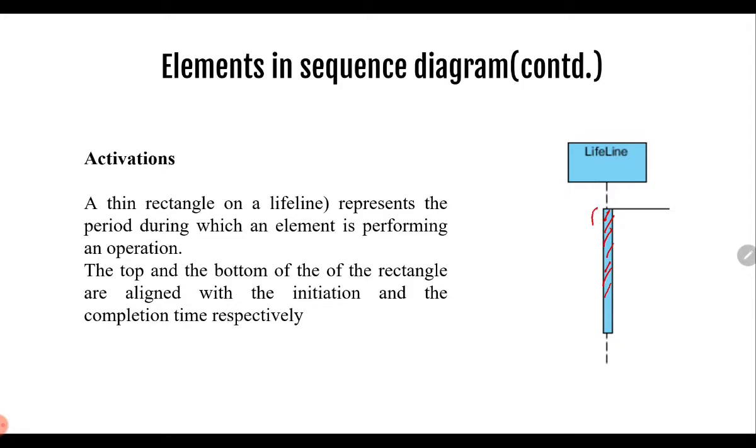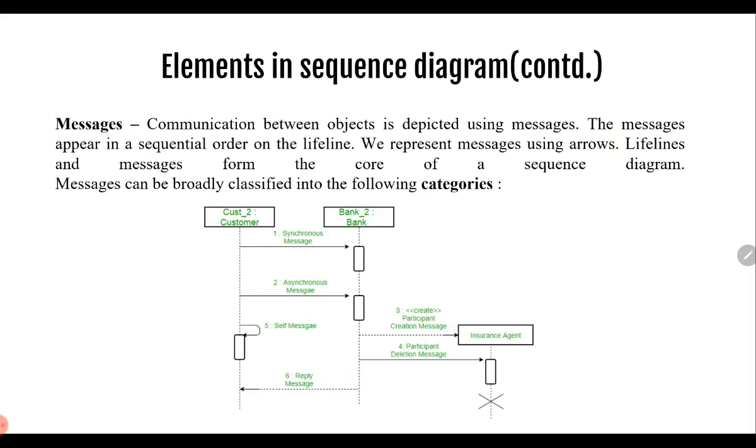So whenever we see something like this, it means that it is performing some type of operation. The top and the bottom of the rectangle are aligned with the initiation and the completion time respectively. During this amount of time, the object will remain active for its interactions.